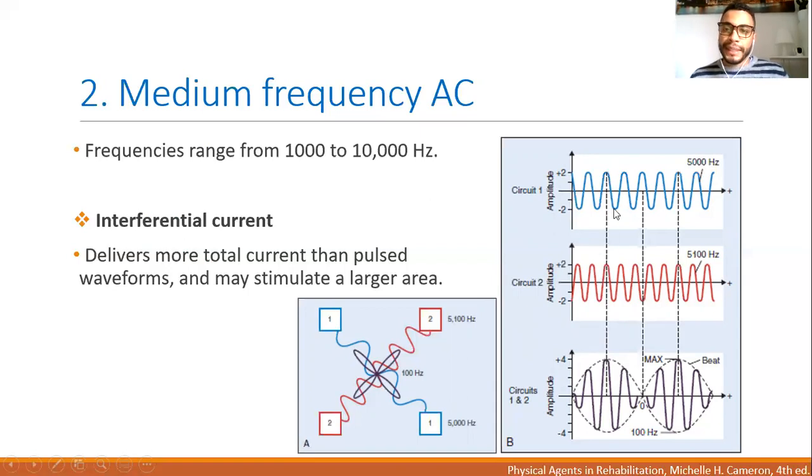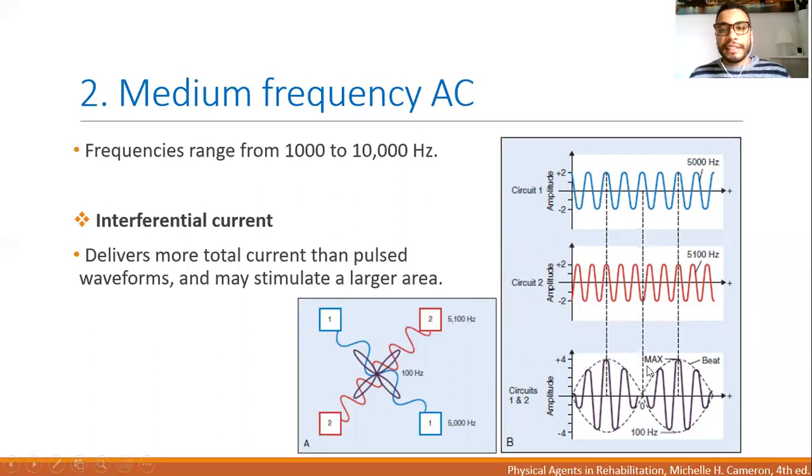When we have this peak, we have the maximum amplitude of current which is delivered to the patient. So both circuits sum up together and deliver more amplitude to the patient. This maximum amplitude is able to reach deeper tissues, deeper muscles, for example.